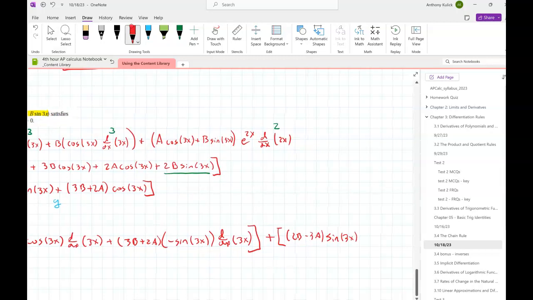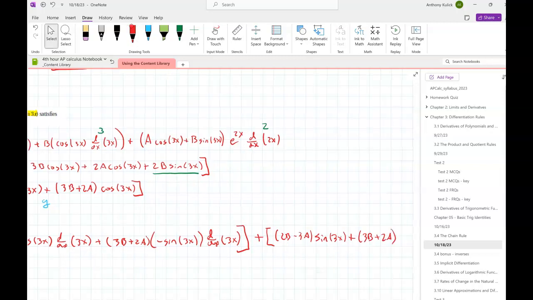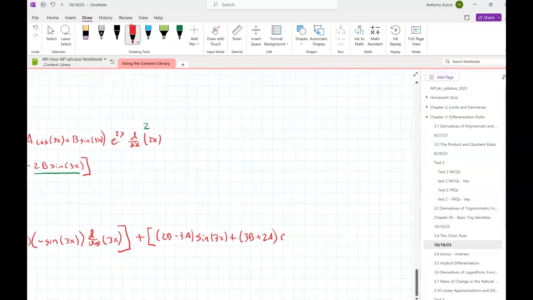And then I'll do the other part of my product property. And then e to the 2x, again, requires a chain rule.